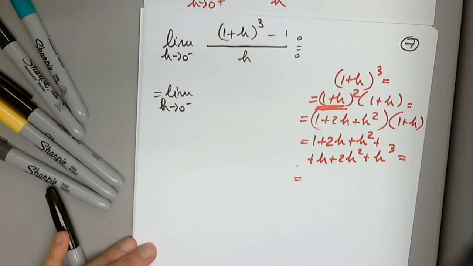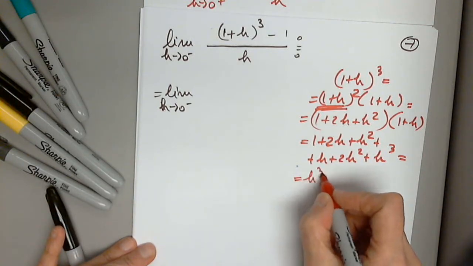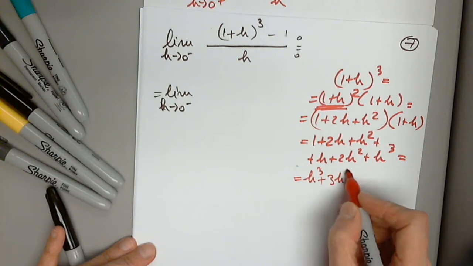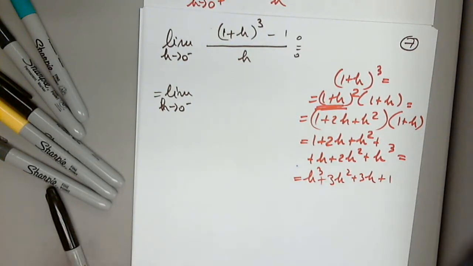You don't have to memorize this, but this is done also in other methods. So it's h cubed plus 3h squared plus 3h plus 1. We do this in other classes in which we show Pascal's triangle or combinatorics to get the coefficients.